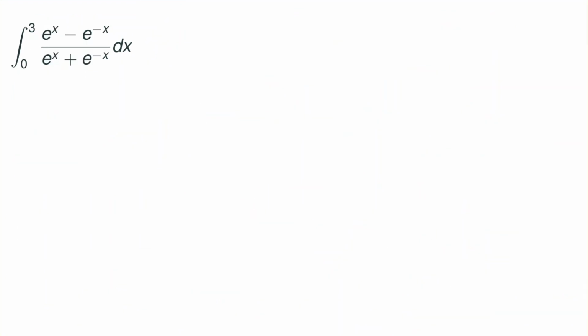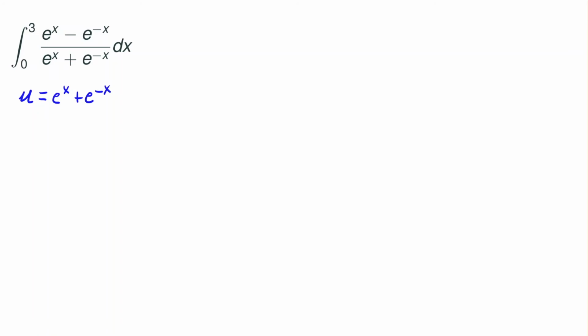So this is a definite integral from 0 to 3 of the function e to the x minus e to the negative x over e to the x plus e to the negative x dx. First we need to let u be the entire denominator, so e to the x plus e to the negative x.